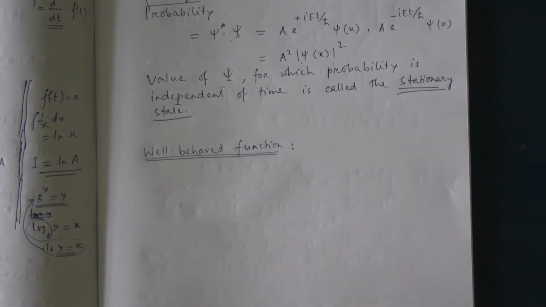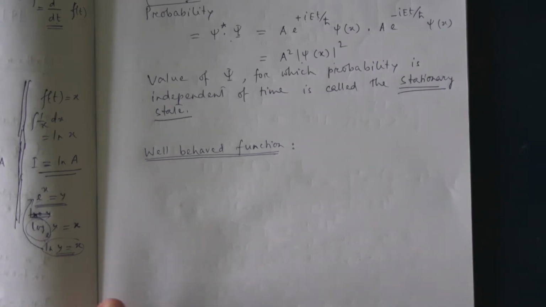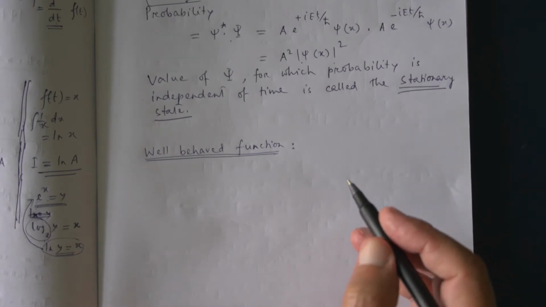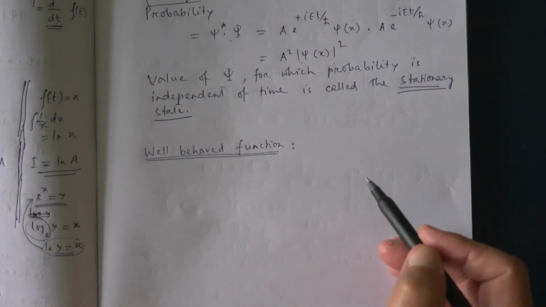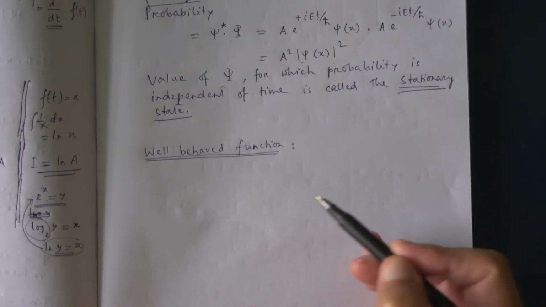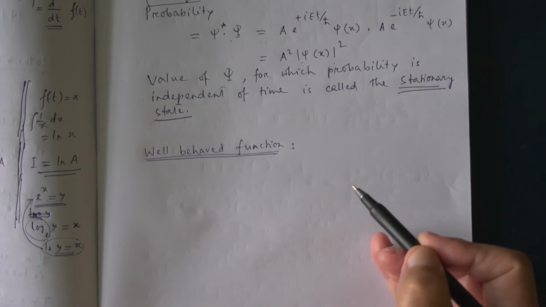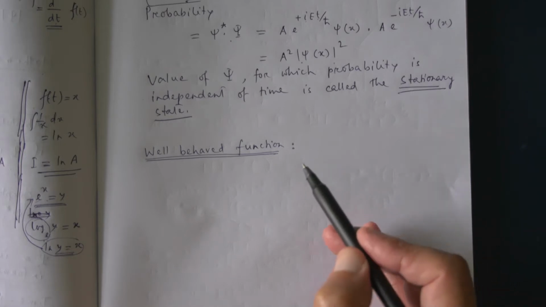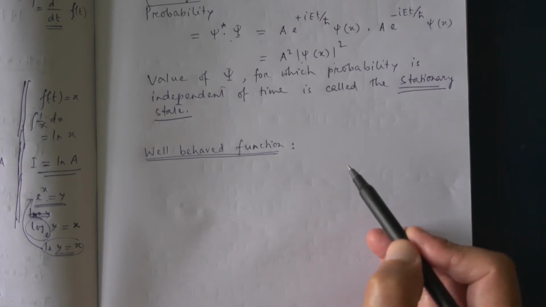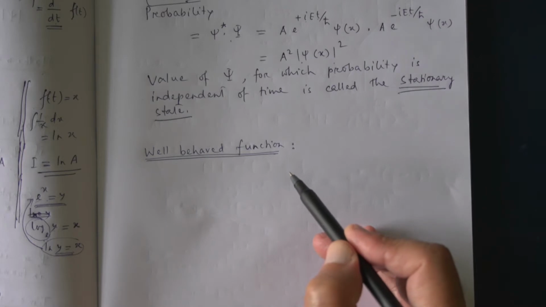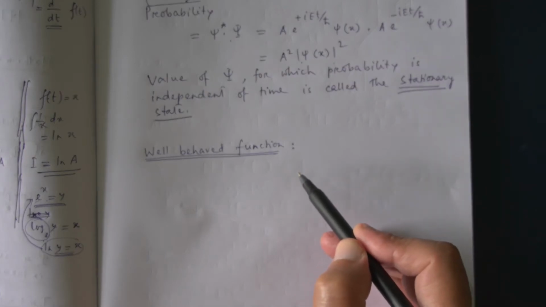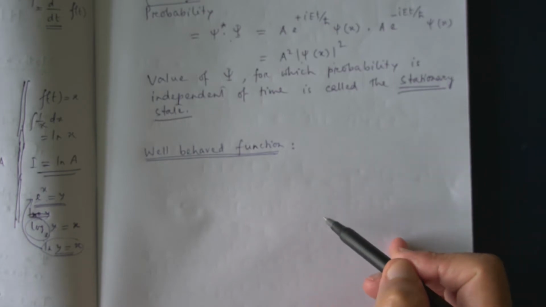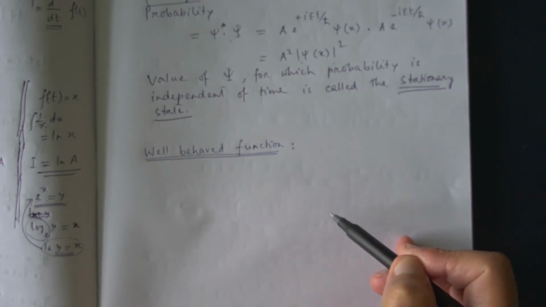Now this method is required. That means if the Schrodinger equation contains more than one variable, then how to divide the Schrodinger equation into as many equations as the number of variables.